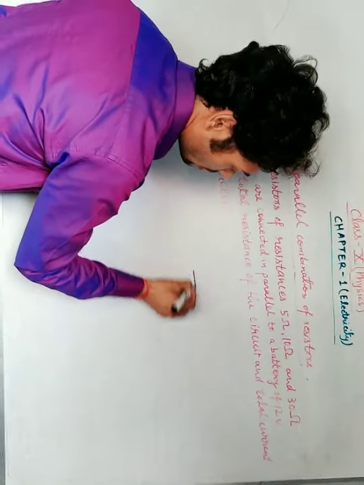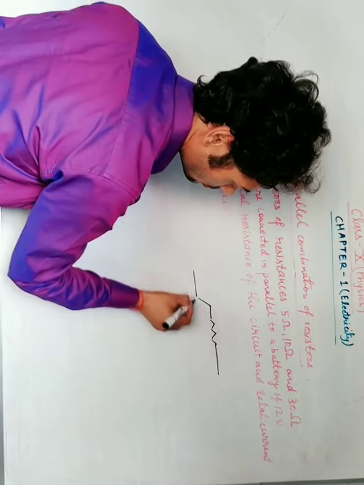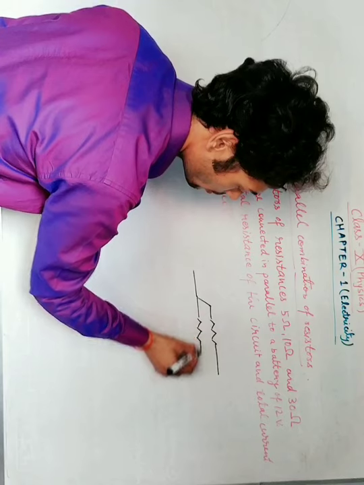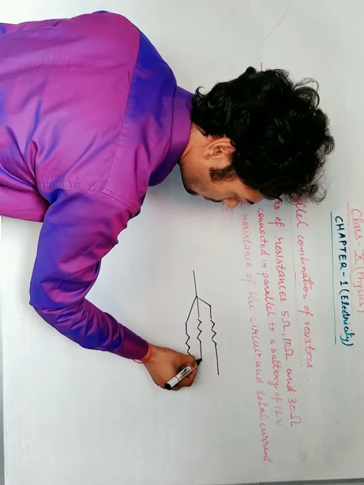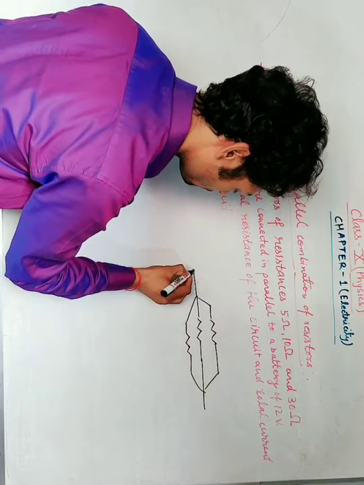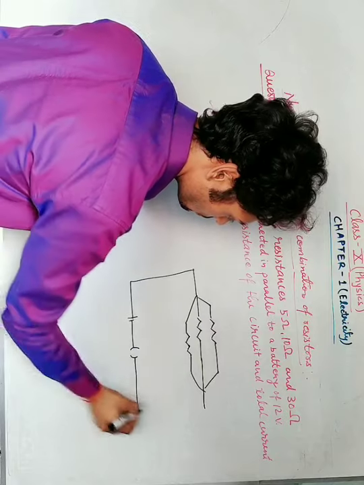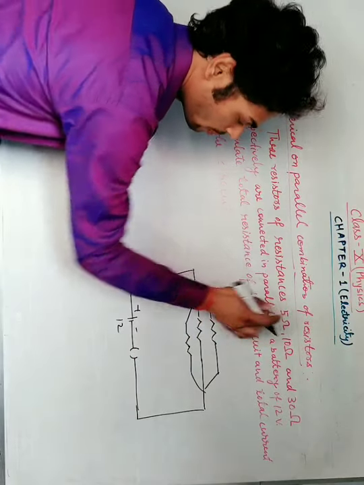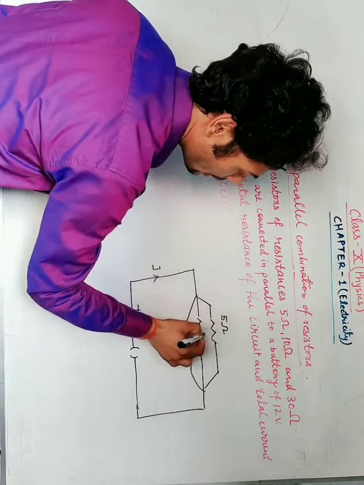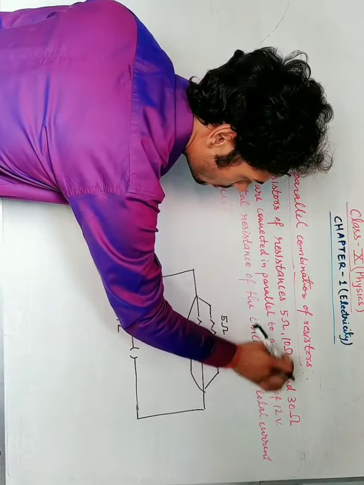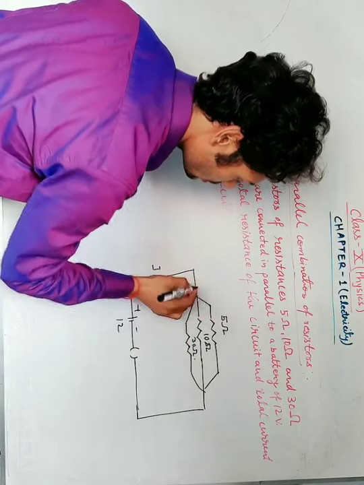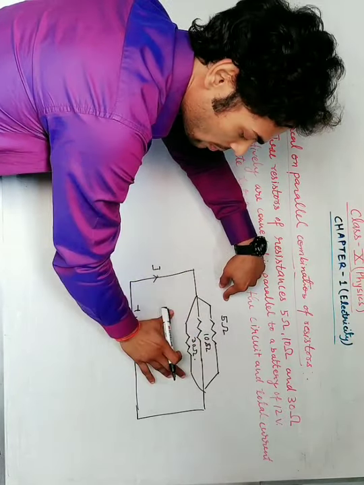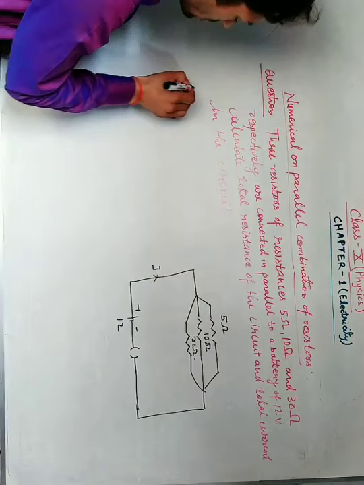So this is the circuit: three resistors, 5 ohm, 10 ohm and 30 ohm, and a 12 volt battery, current I. So we have to calculate the equivalent resistance of the parallel combination of resistors and the current flowing through it. So let us solve this question.